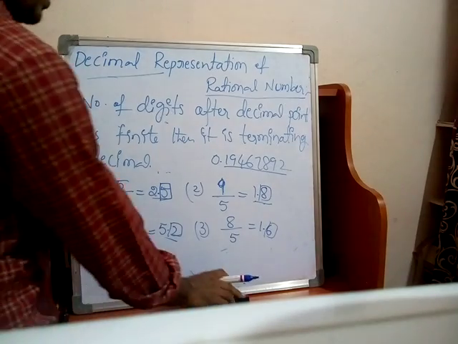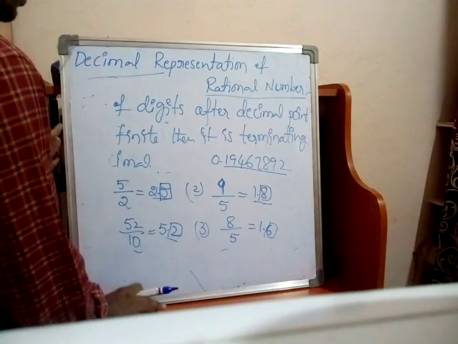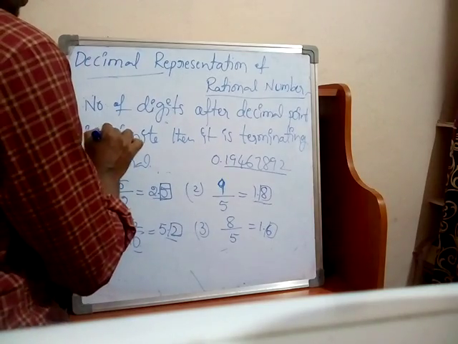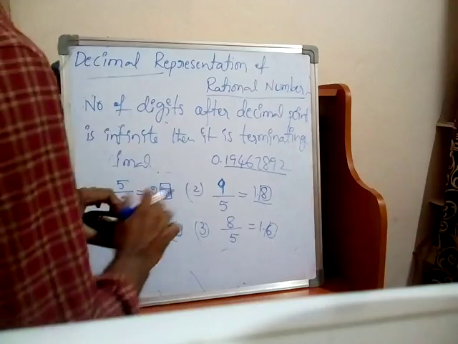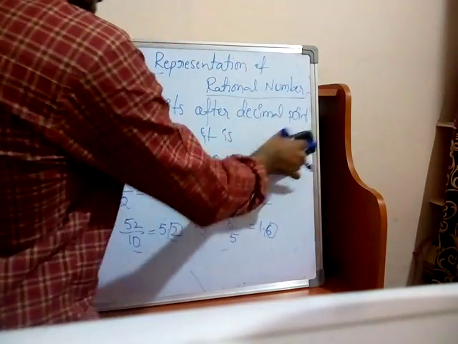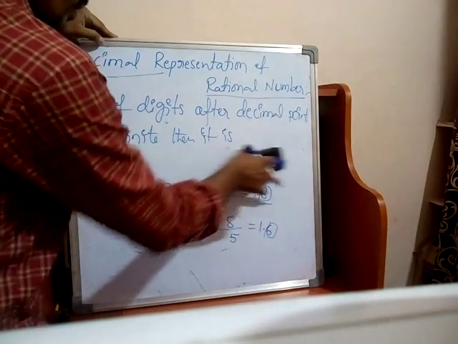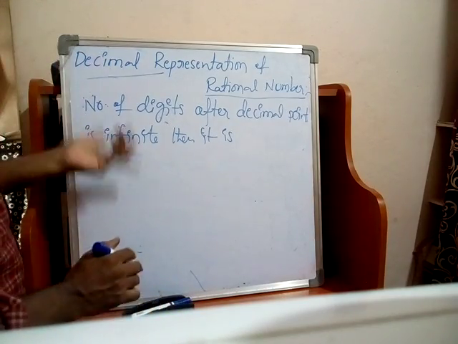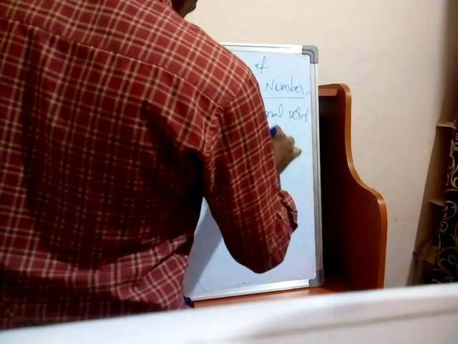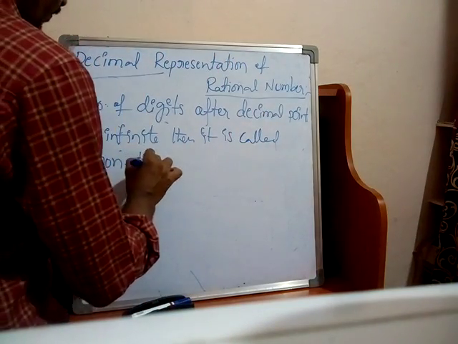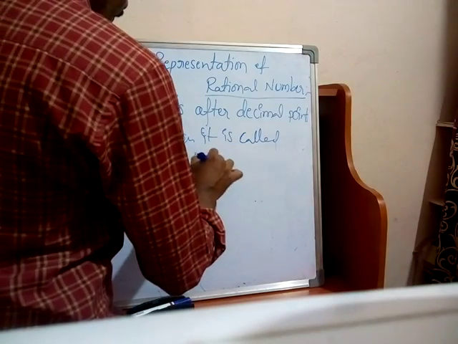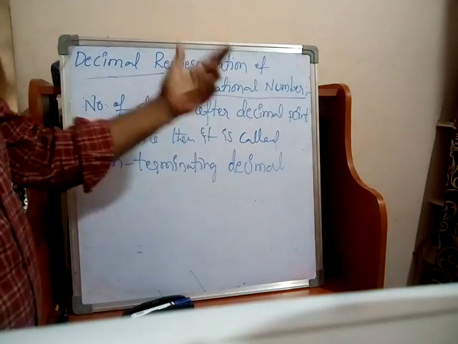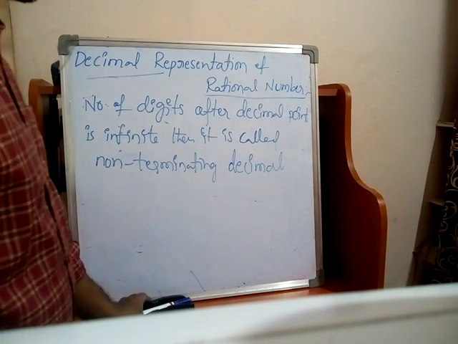So what is a non-terminating decimal? If the number of digits after the decimal point is infinite, then it is called a non-terminating decimal.